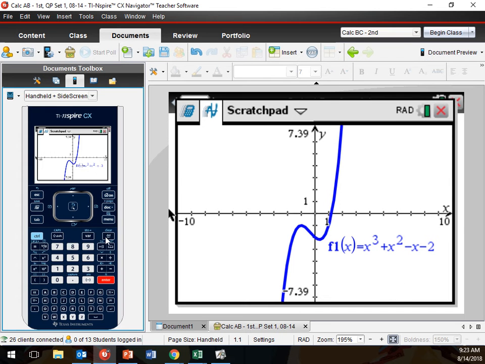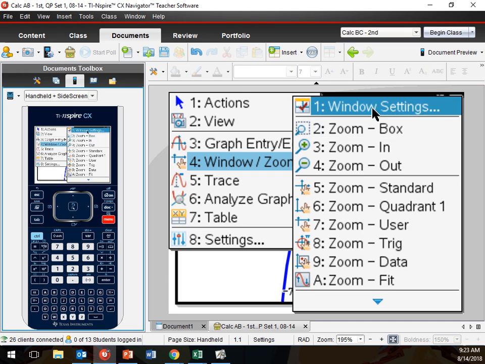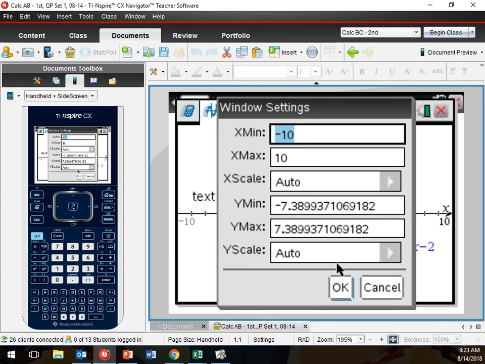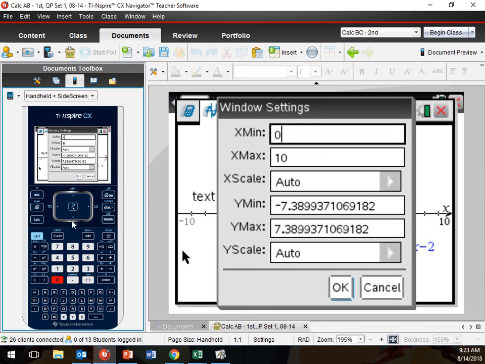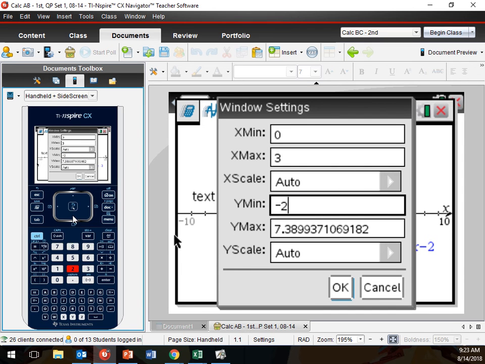So let's change the window settings. If it's from 1 to 2, let's go from 0, just so I can have a clear view, and let's go to 3. And let's change this to negative 2 and go to positive 3.